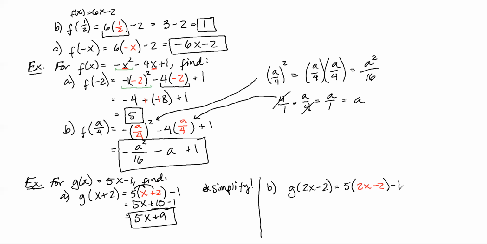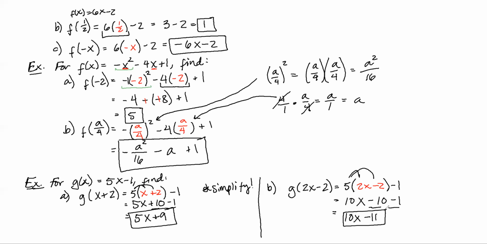And again, make sure that you simplify. So let's distribute. So we get 10x minus 10 minus 1. And so we get 10x minus 11. So that's what we get when we plug in 2x minus 2 for x.